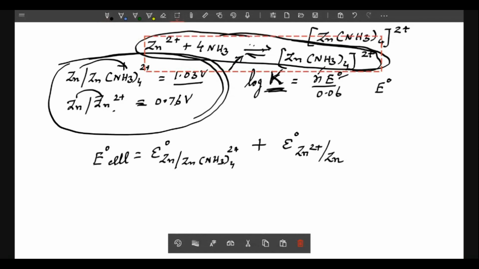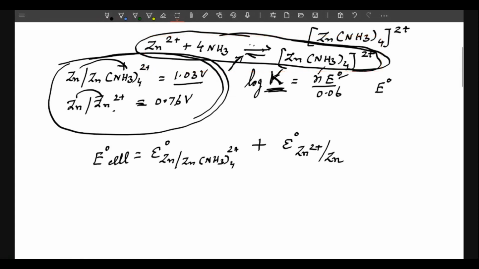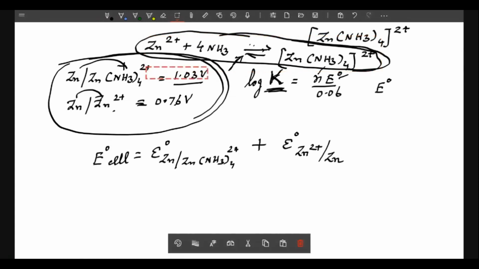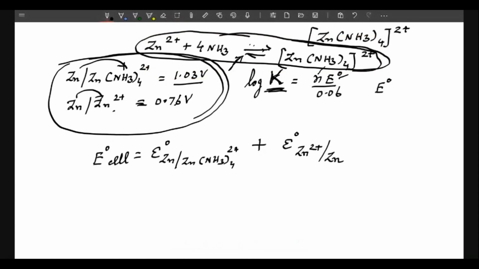Because on the reactant side, Zn 2+ is there, and on the product side, Zn(NH3)4 2+ is there, but here for the ammonia, there is no equivalent electrode. Therefore, I am making use of this one, that is electrode potential.